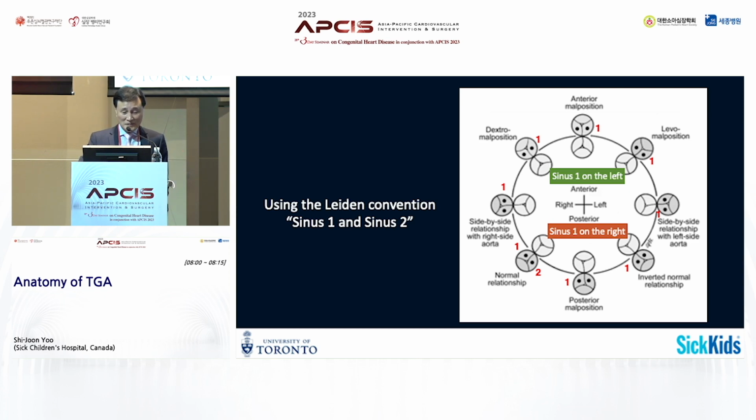Remember that in all cases with the aorta anterior, the sinus on the patient's left side is always sinus 1, regardless of whether it is TGA or congenitally corrected TGA. If the aortic valve is posterior, sinus 1 is on the patient's right side.